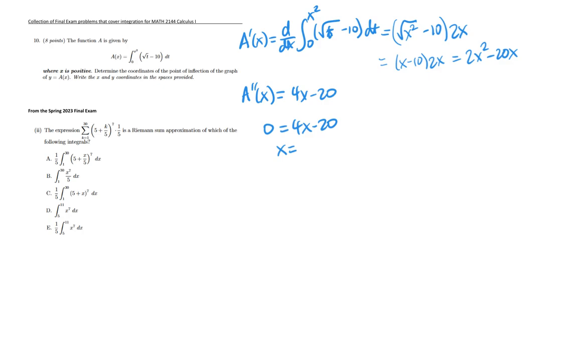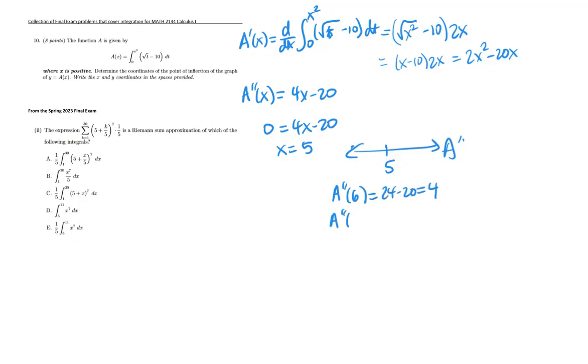So I'll get x equal 5. And so if I look at my A double prime line, and I have 5 on here, if I plug in something to the right and left, so A double prime of like 6 will give me something positive. So 4 times 6 is 24 minus 20, which is 4.